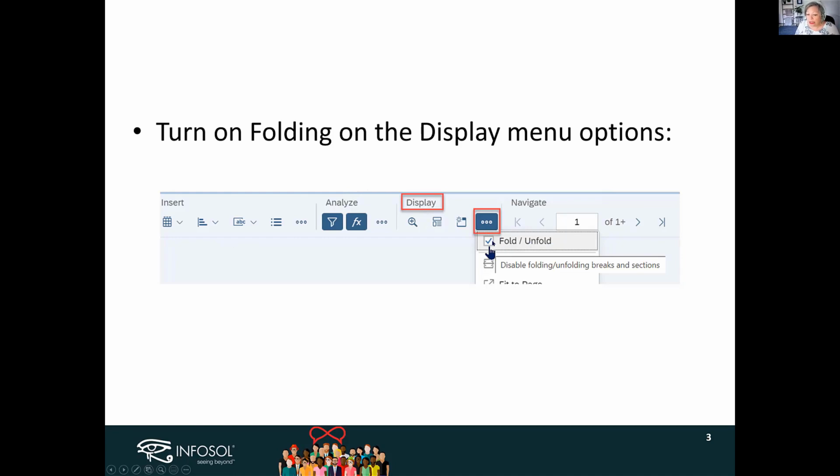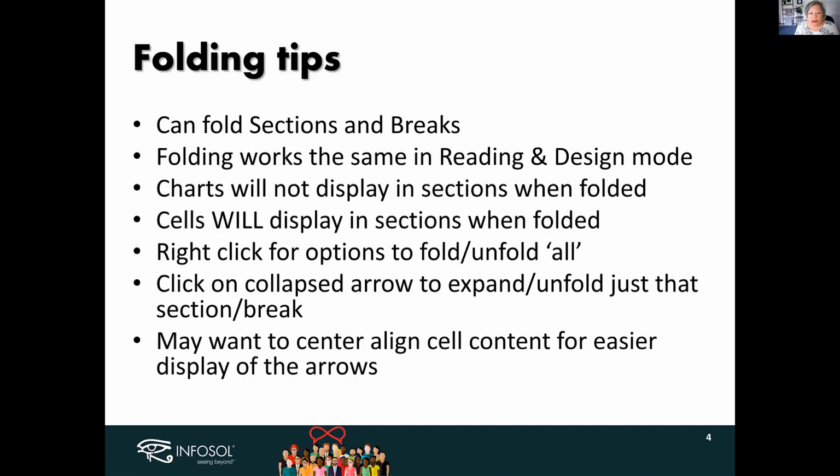Easy to miss, but if you click on that and select the fold/unfold option, that's what will turn on the folding. And the folding works with sections and breaks. We'll go through all of this, but mostly I want to jump right into demonstrating this.